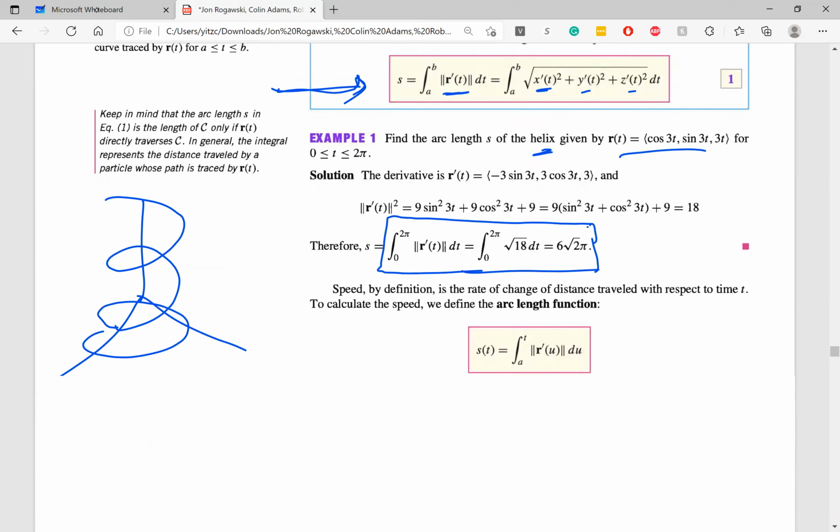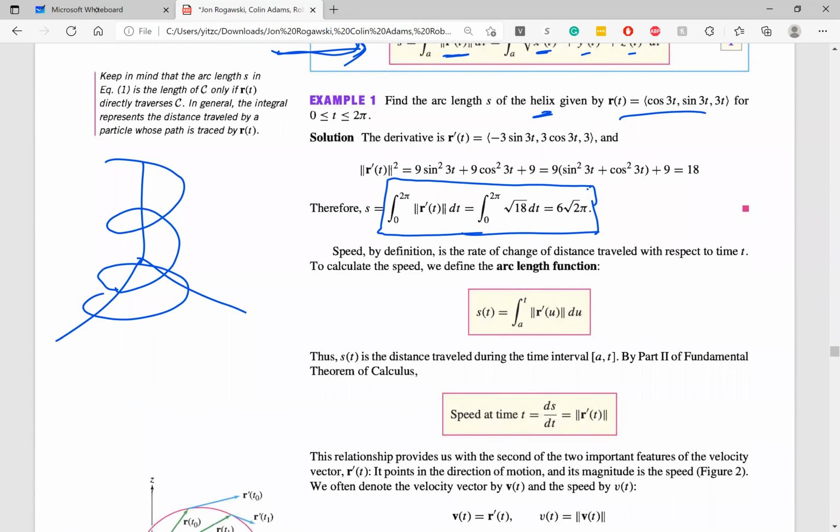Okay. So another thing that we can do is look at the arc length function, which does not give us a boundary that we're going to.